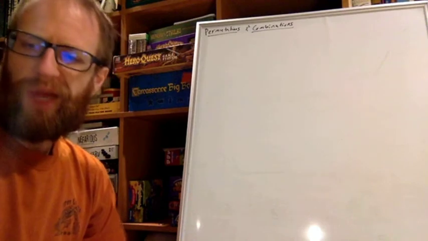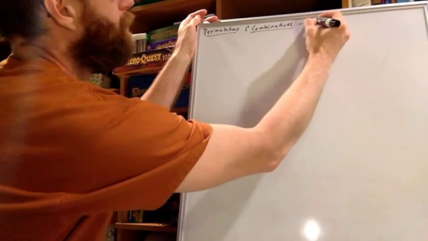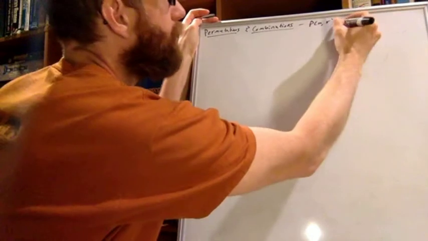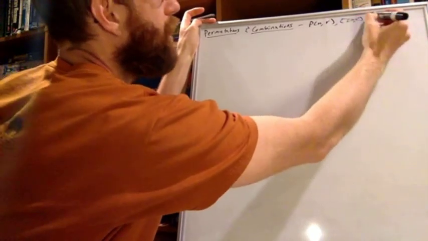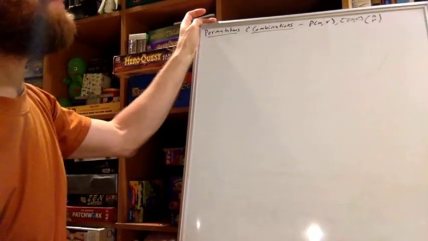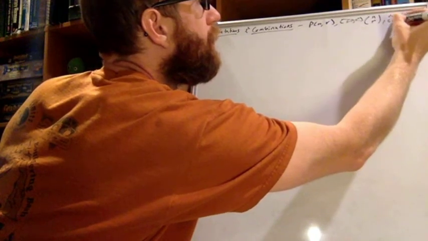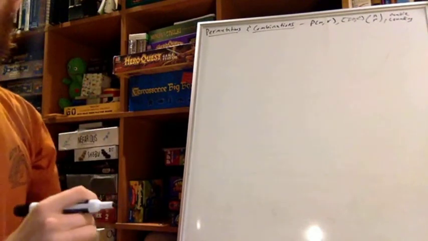But the big ideas here are going to be permutation, which we will sometimes call PNR, and combination, which we will sometimes call CNR, although I dislike this notation. I prefer the notation N choose R. And we'll also briefly look at double counting, just as a general counting strategy.